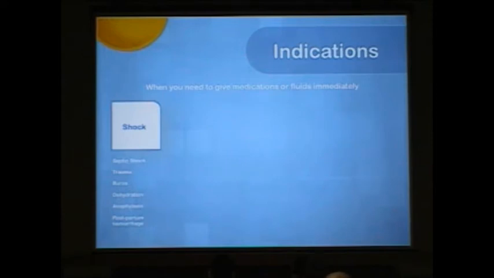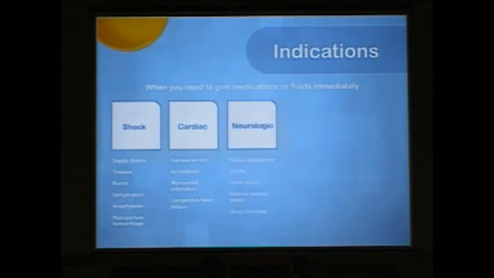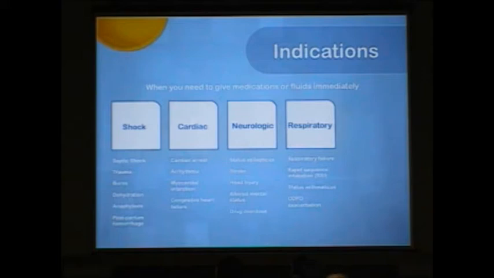Patients in trauma, blunt trauma or penetrating trauma, severe burns, severe dehydration, anaphylaxis, postpartum hemorrhage, cardiac arrest, of course, dysrhythmias, myocardial infarction. You can have neurologic problems like status epilepticus, where you need to give an anticonvulsant to a patient very quickly. And so these are all just examples of situations where you might use IO access.